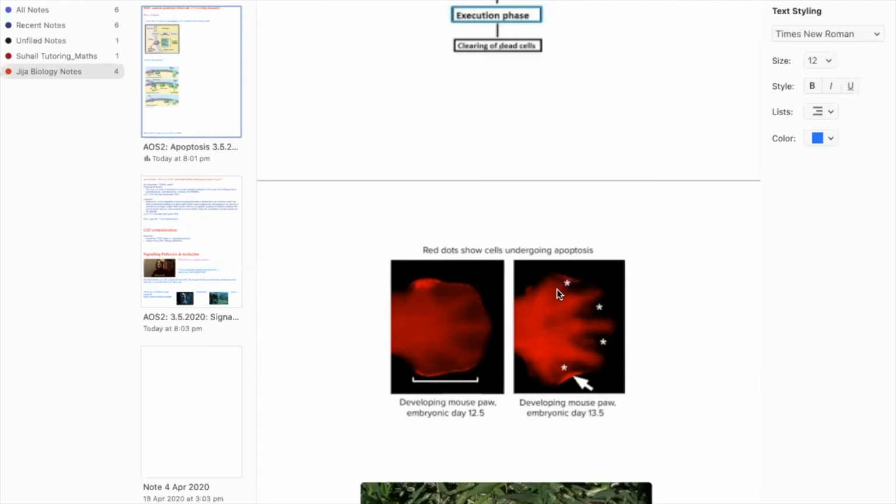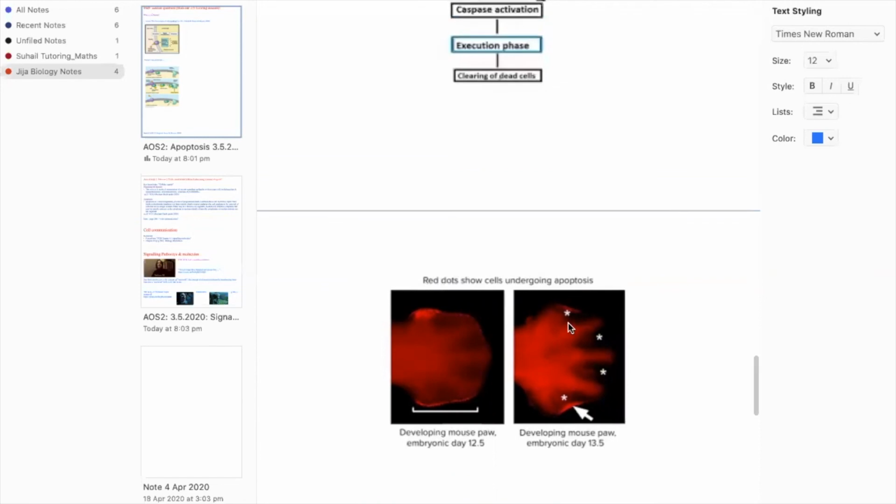The reason why they are not born with webbed hands or feet is because where the stars are located, the process of apoptosis occurs. And apoptosis is only initiated if there are certain signaling molecules that are received by the cells here. So everything happens in an orderly fashion.